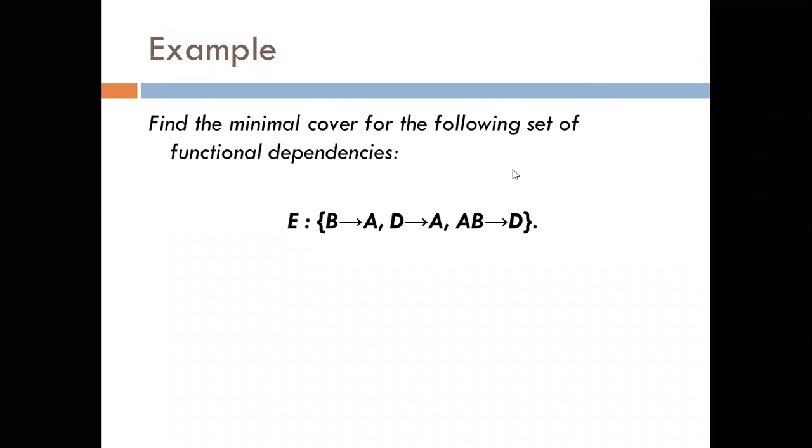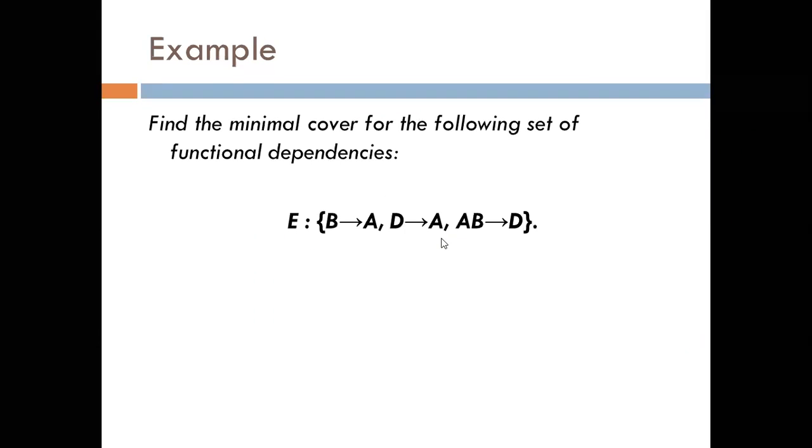Okay. So consider this particular example in order to find the minimal cover for the following set of functional dependencies. So E is a set. So E contains B determining A, then D determining A, and AB determining D. So all the above dependencies are in canonical form.